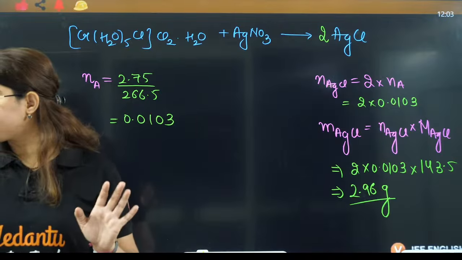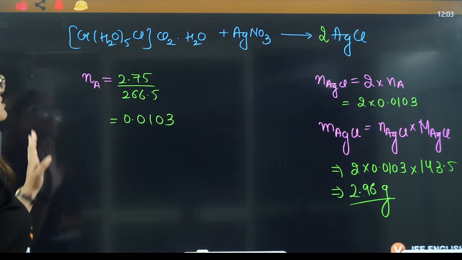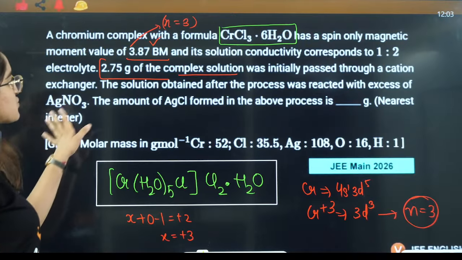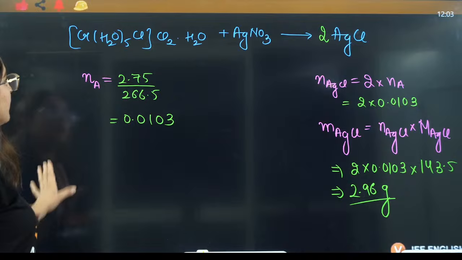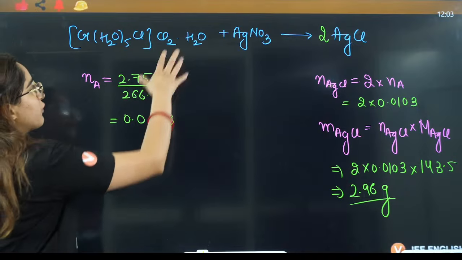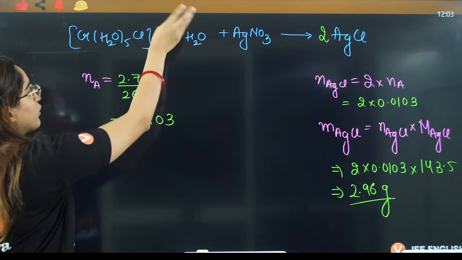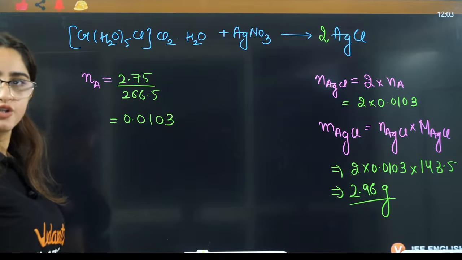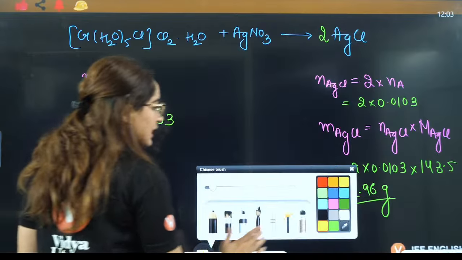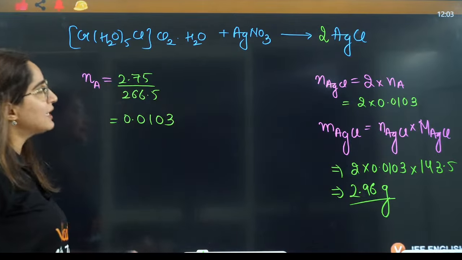Okay, cation exchanger, you can ignore that for now. That is just for your confusion, right? Cation exchangers, basically we want to say that you want to take it out. This solution you want to dissociate, so you can ignore that as well. Tell me, is that clear what we have done?